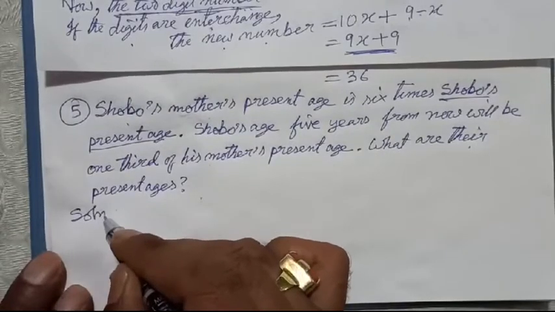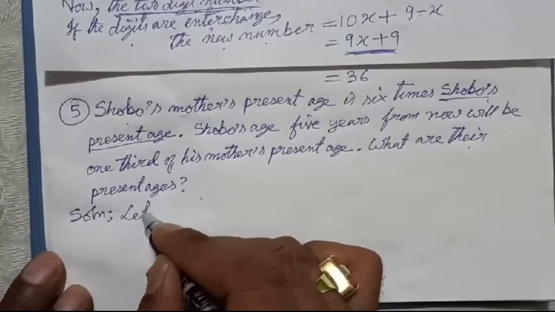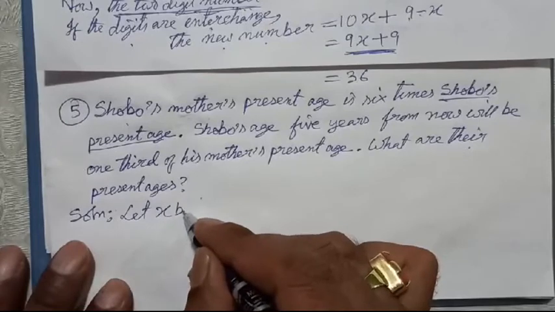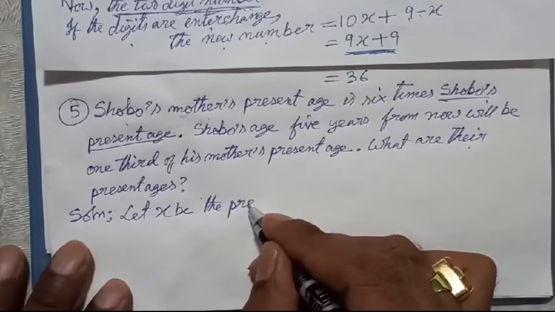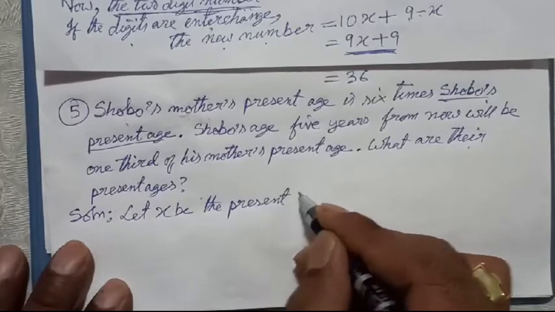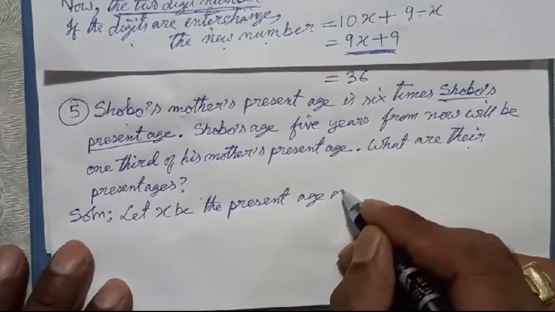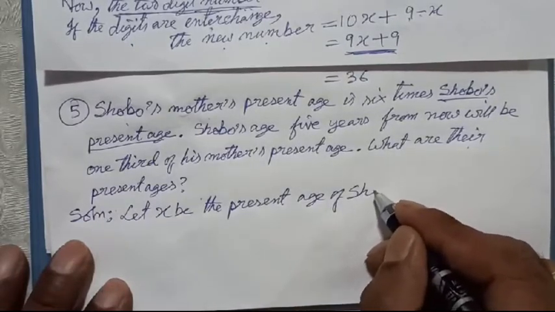Now the solution. Let x be the present age of Sobu.